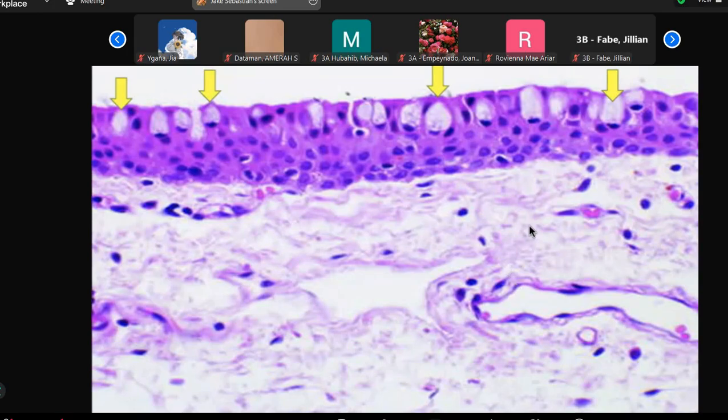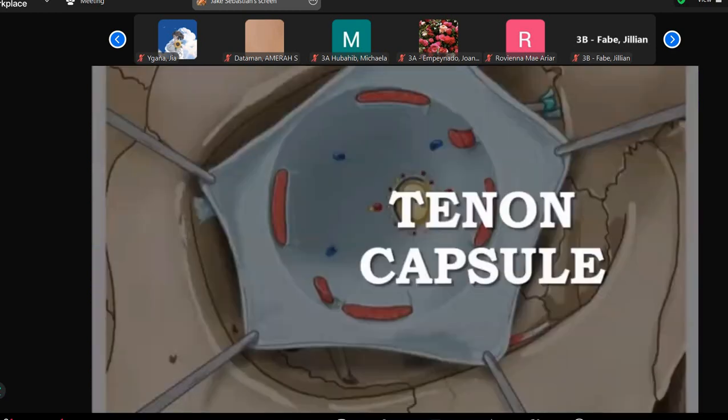I'm not sure if this is the basal cell or also the goblet cells. So this is a blood vessel here. It's not stroma.